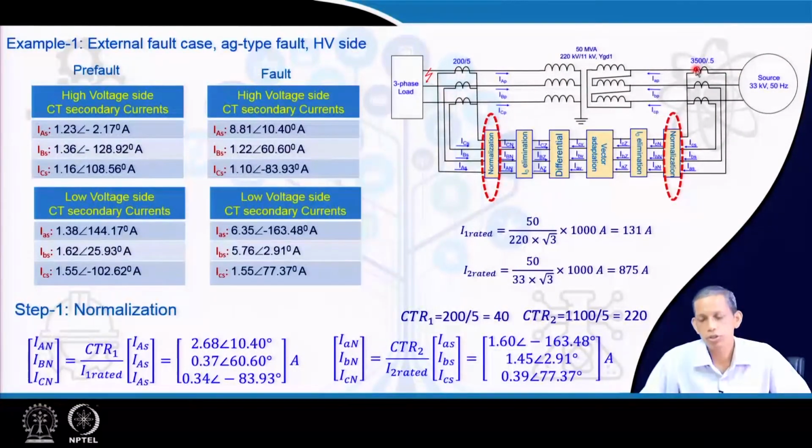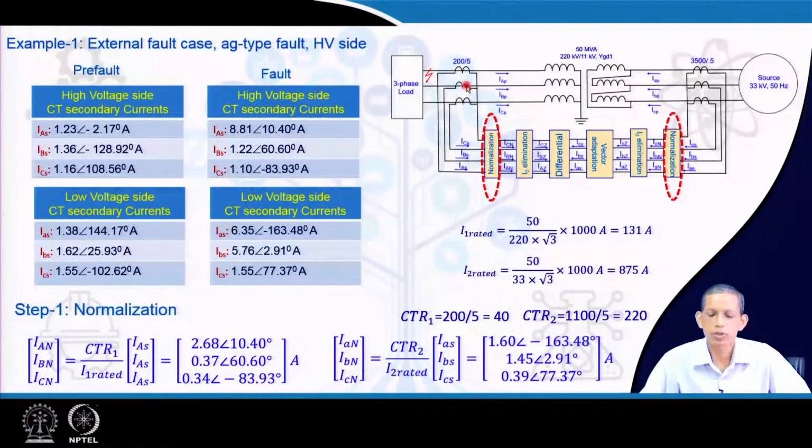So, a simple system we have considered: a 33 kV source grid, and then a transformer. The transformer is 220 kV to 33 kV, YGD1, 50 MVA, and we have the high voltage side capital ABC and the low voltage side small abc, as you have already defined.